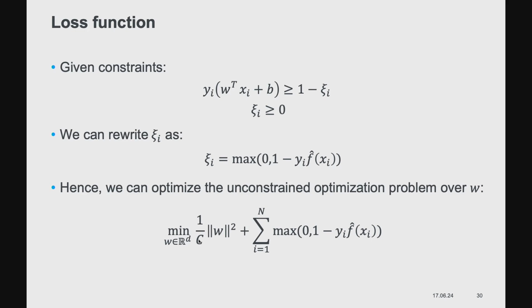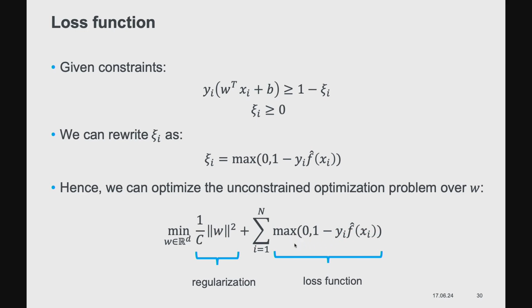That doesn't change anything really. And we have the sum of this kind of punishment. And this is now our nice formula. And now what we get is we have basically here our regularization. And here we have our loss function.